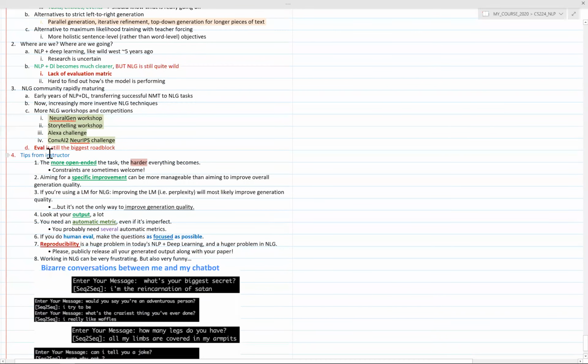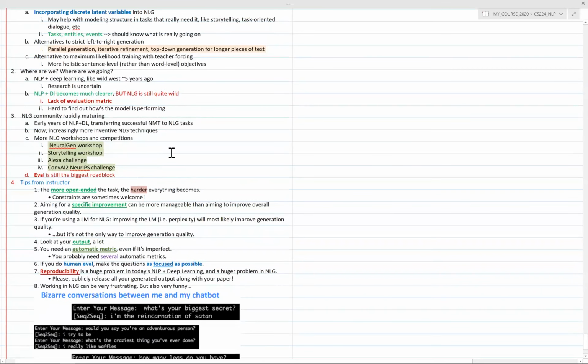And these are several tips from our instructor, which is that the more open-ended tasks like word generation are harder than the previous translation problem that we faced. And also we could think about specific improvement instead of overall improvement while we're not having a really good evaluation metric.